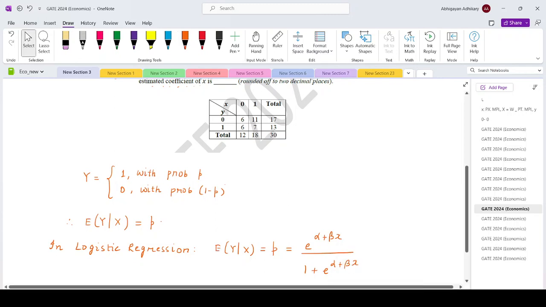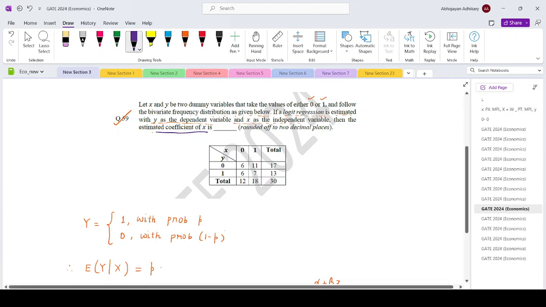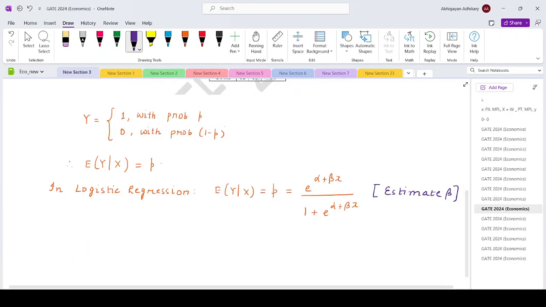And if you go back to the question once more, it is saying that given that y is the dependent variable, x is the independent variable, then the estimated coefficient of x is how much? So that means we want to estimate beta from this expression, based on the data that is given to us.